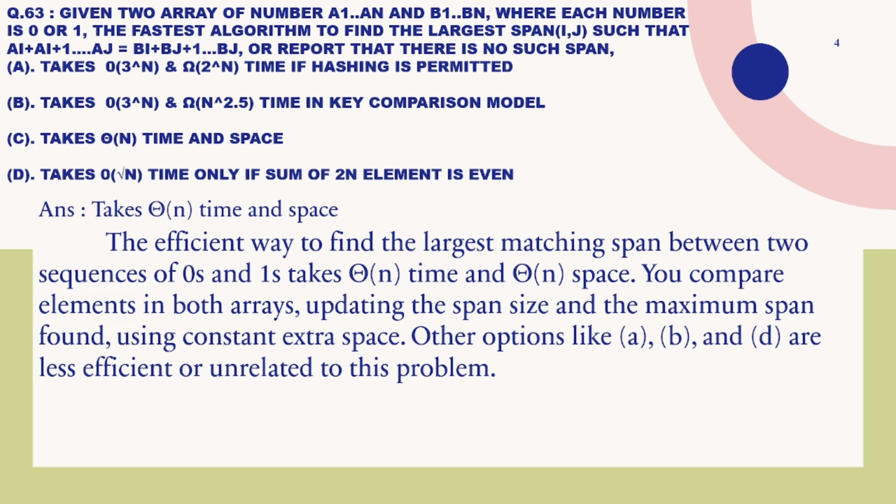Option B, in the key comparison model, is not a standard algorithmic complexity for this problem. And option D, only the sum of two elements is even, doesn't offer a generally applicable solution for this problem. So for this particular question, the answer C takes theta of n time and space.